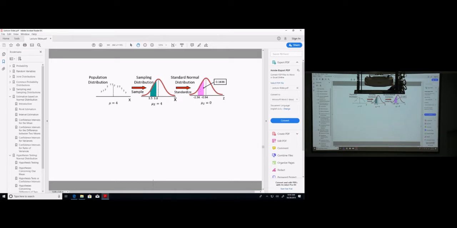But in the past, people relied on the table. They needed to do one more step to standardize it. Now, of course, to work this out, you have to know the mean of the normal, and also you need to know the variance or the standard deviation of this orange curve.